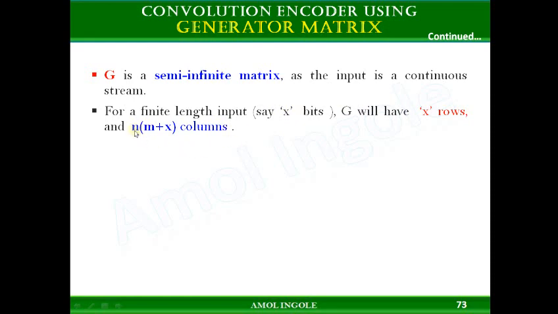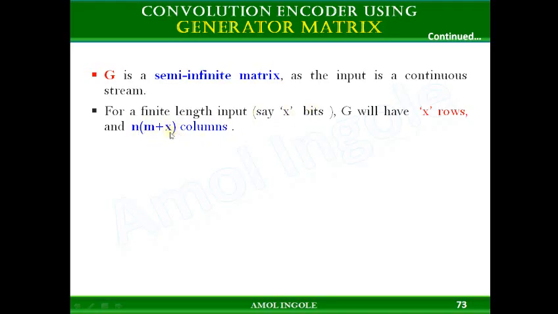generator matrix, and the number of columns will be equal to n into m plus x, where n is the number of output bits. In the previous case, we considered 2 bits, n is equal to 2. m is nothing but the number of memory units, and x is nothing but the length of your input bit stream.